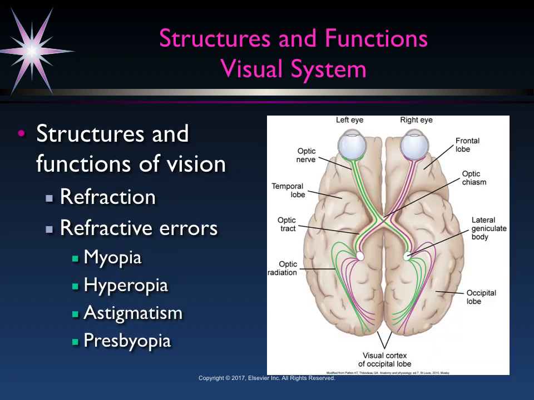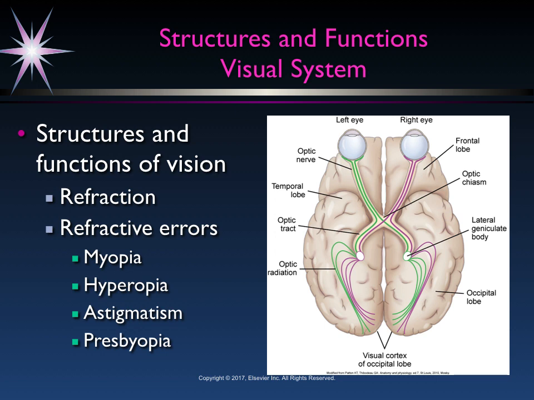When we look at the structures of vision and looking at refraction, refraction is the ability of the eye to bend the light rays so that they fall on the retina. And when the light doesn't focus properly, it's called a refractive error.